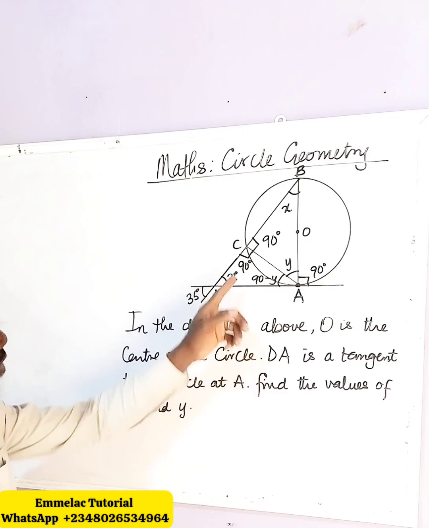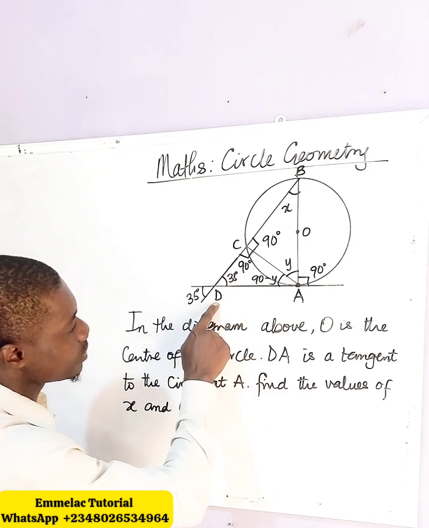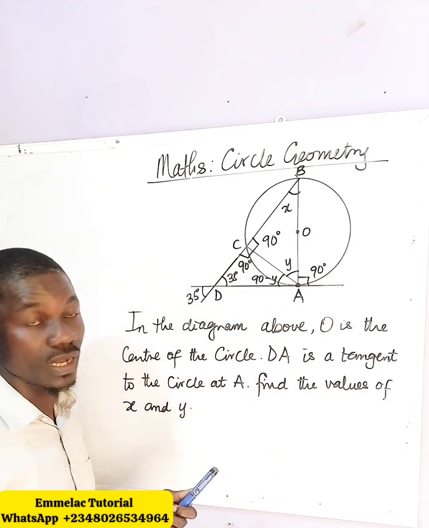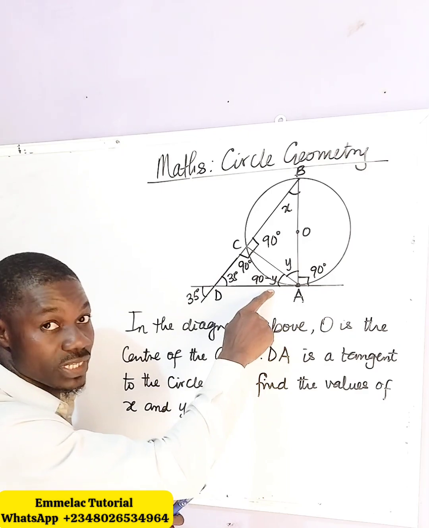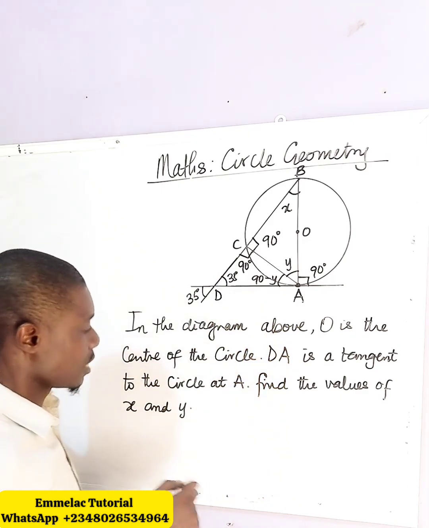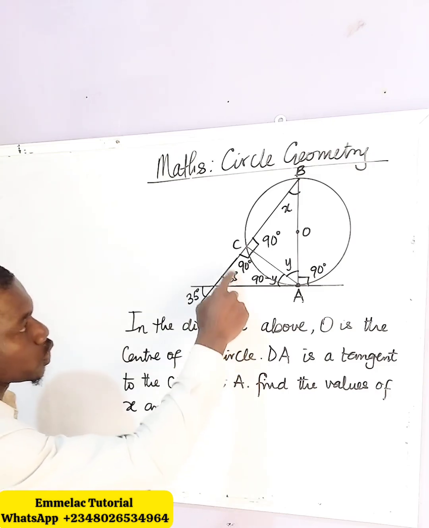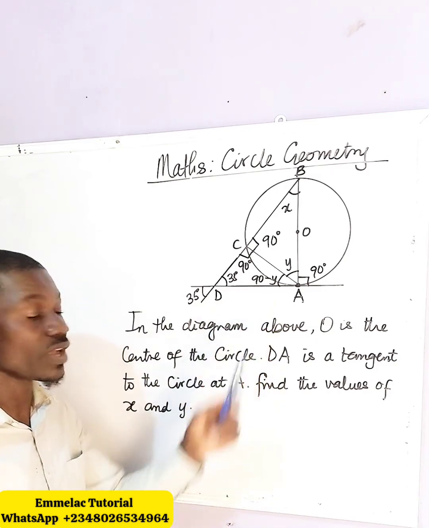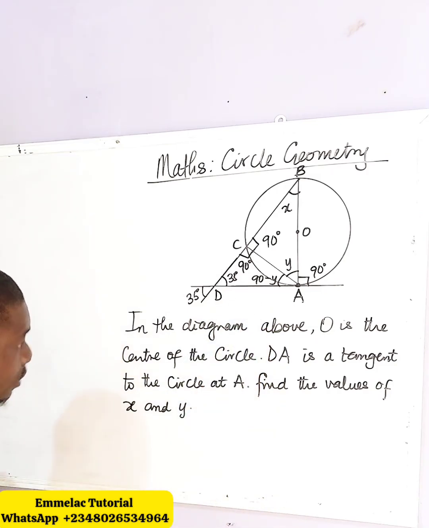All right. So at this point we can see that triangle DCA now has known angles, although this one has a variable y. So what do we do? We sum up all the angles to give us 180, for us to find the value of y. So let's come here.